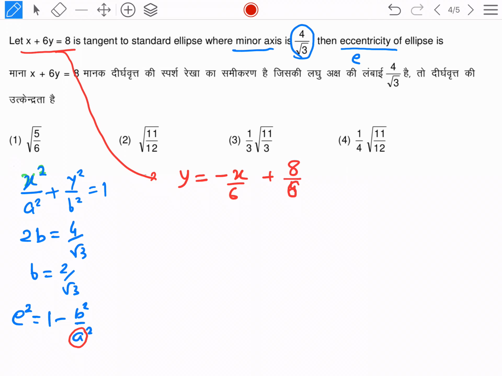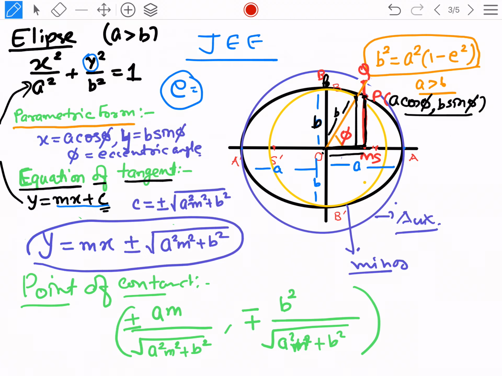Actually, we will consider this equation in the form y is equal to mx plus c. Now we have recently read that y is equal to mx plus c touches the ellipse if the relation between c, a and b is in this form.